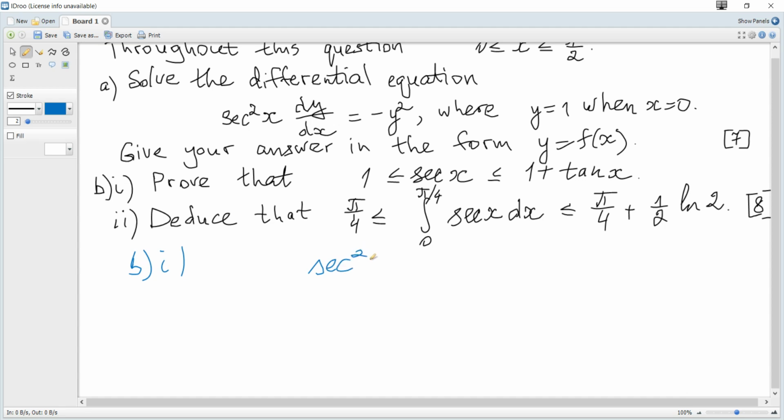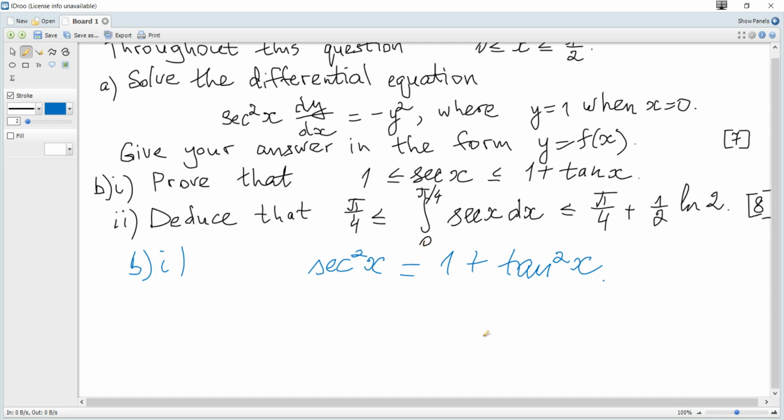Secant squared x is 1 plus tangent squared of x. But we need an inequality to arise here, and we need 1 plus tangent, not tangent squared, and we need actually secant, not secant squared.